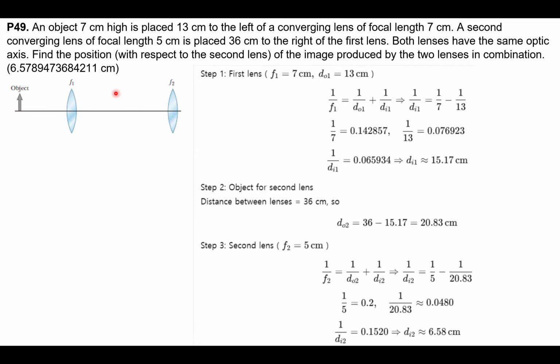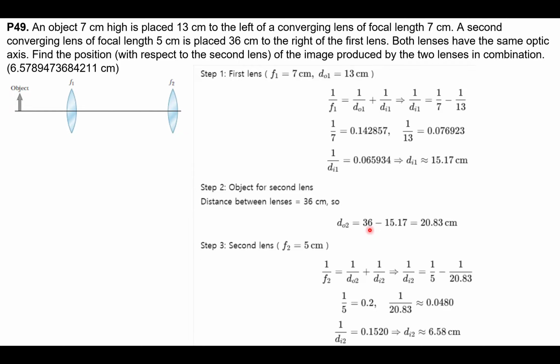This serves as the object. And here's the conversion, a very important step. You need to find the distance from the second lens to the first image. Note that it is always referenced to the lens. This I1 is referenced to the first lens position, but in order to serve as an object, you need to convert the distance to reference the second lens, f2.